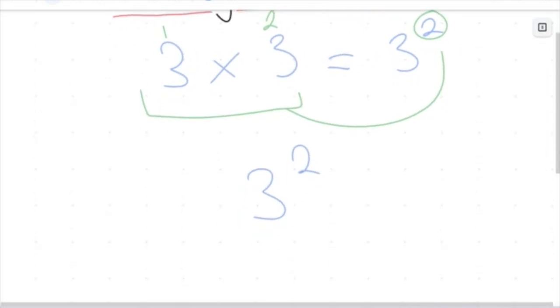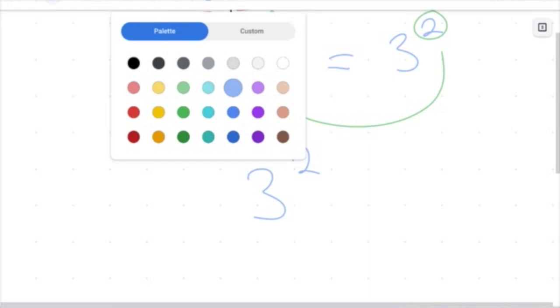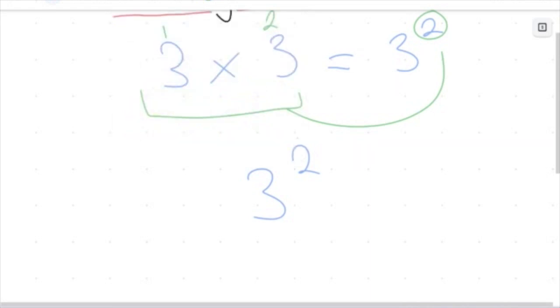So when we write this in the form, for example, 3 squared, we want to break this down into a couple of different elements. Now, this is important because we're dealing with some new language here, and this is going to be the building blocks for what we call indices, what we're going to be looking at very soon in this video. Now, the two elements here: I have this thing up here, which is what we call the power. Now this, from what I showed before, is just the amount of times this same number was multiplied by itself.